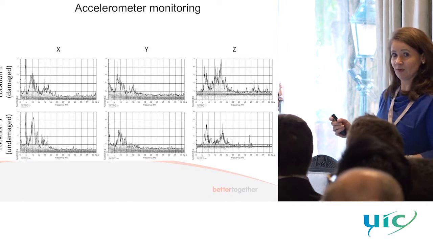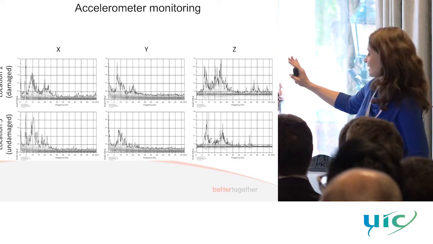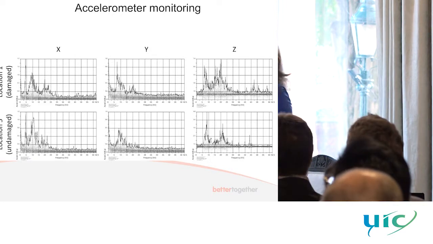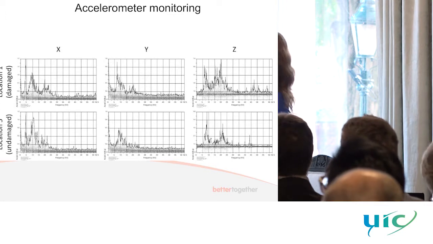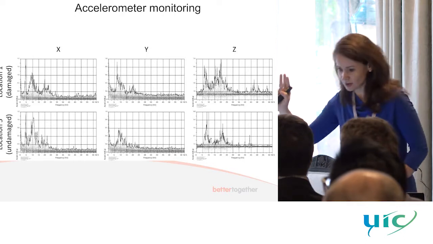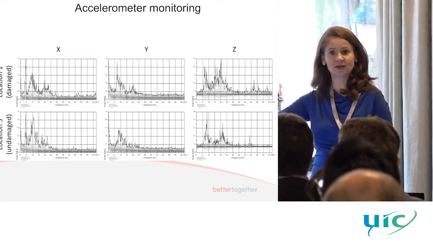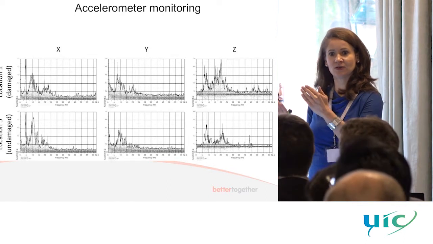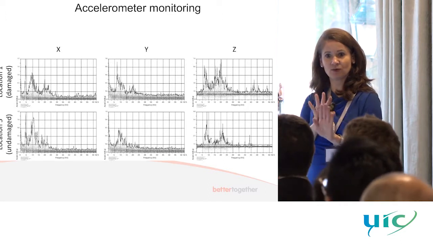Although if you're looking far, you won't see it, we are looking at the shifts in frequency. We can see about 5 or 10 hertz shifting on the damaged span, so comparing spans.